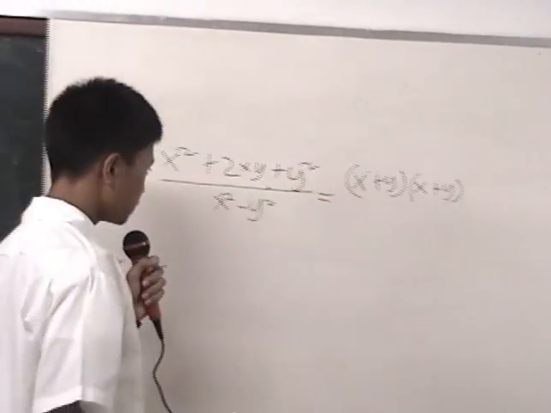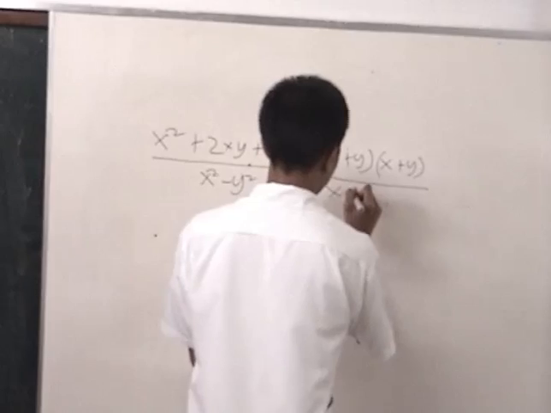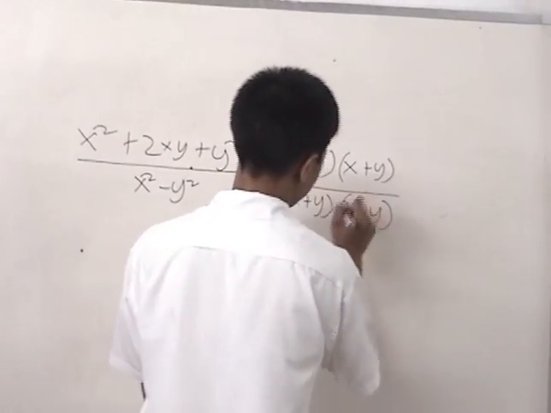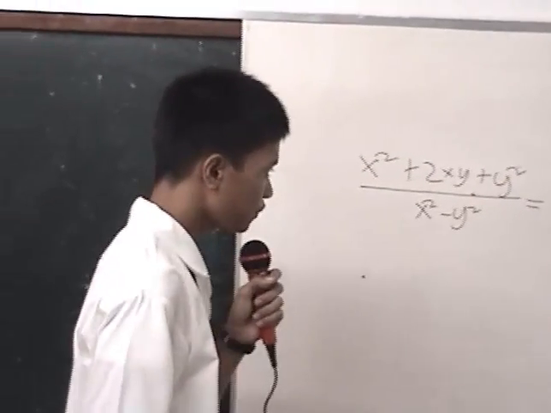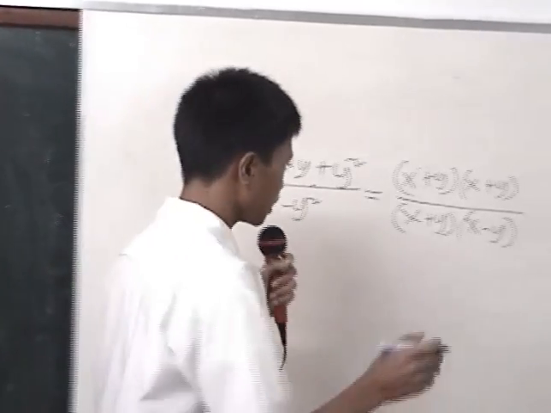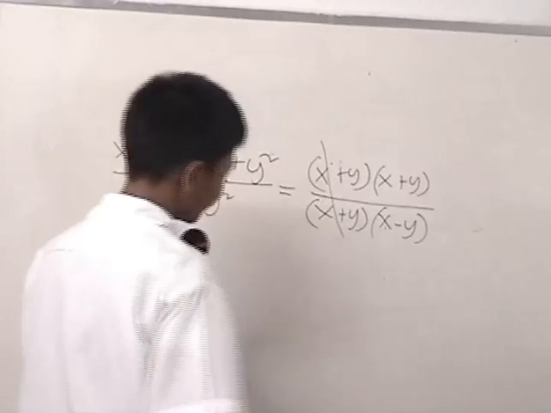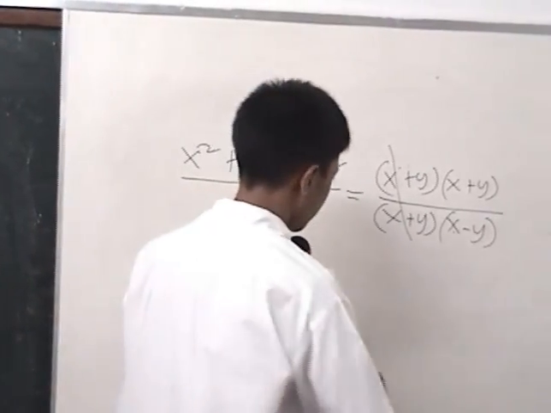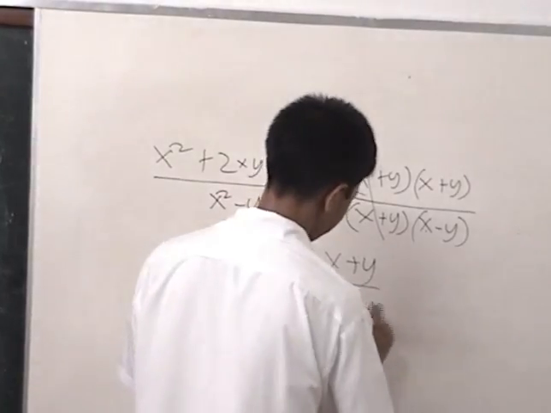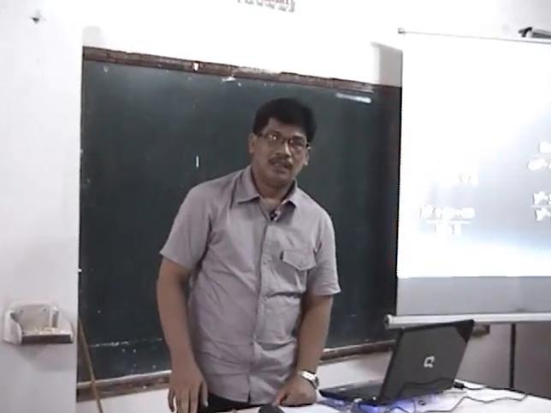The factor of the denominator is x plus y and x minus y. As we learned before, the common factor should be cancelled. And we are going to cancel this. Therefore, what is left is x plus y over x minus y. Okay. Thank you, Mr. Mago.